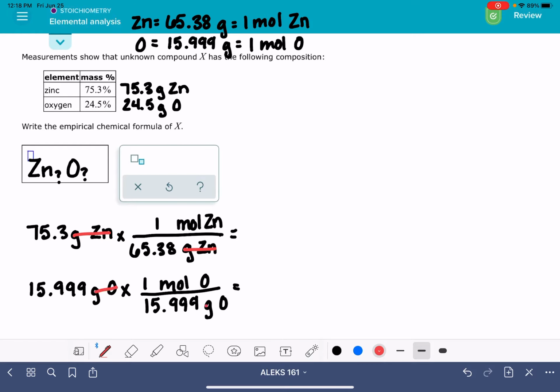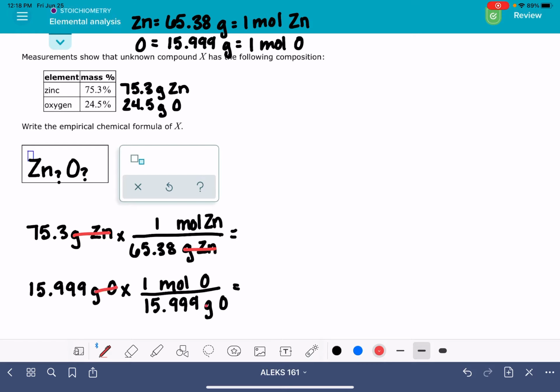In a situation like this, and you'll probably end up in this situation where these numbers are not coming out to be integers, what you're going to do is analyze the number of moles that you have for each element. Maybe you're going to have 3. You're going to look at all 2 or 3 of these numbers, find the one that is the smallest, and divide everything by that number.